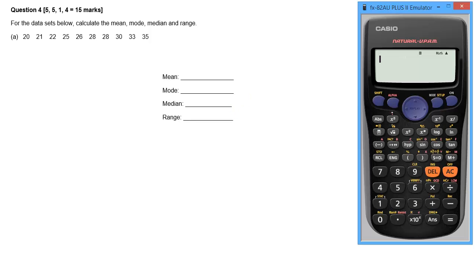Now, to get the mean, we know that we add all of the data up and divide by the number of pieces of data. So, using a fraction template, we have 20, add 21, add 22, add 25, and then we have a 26. We've got two 28s.